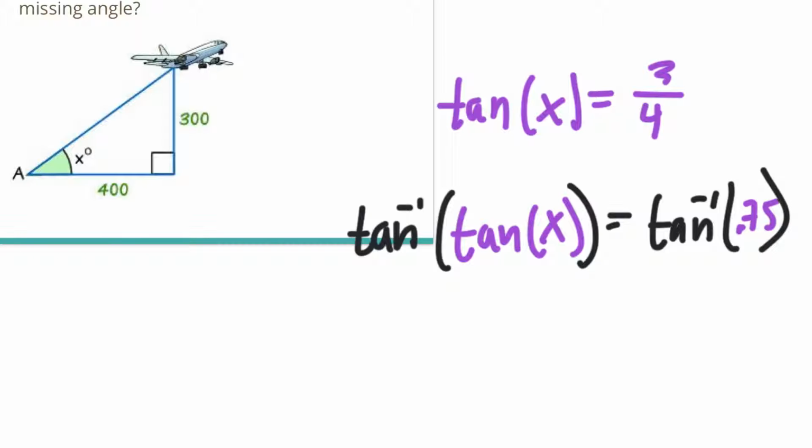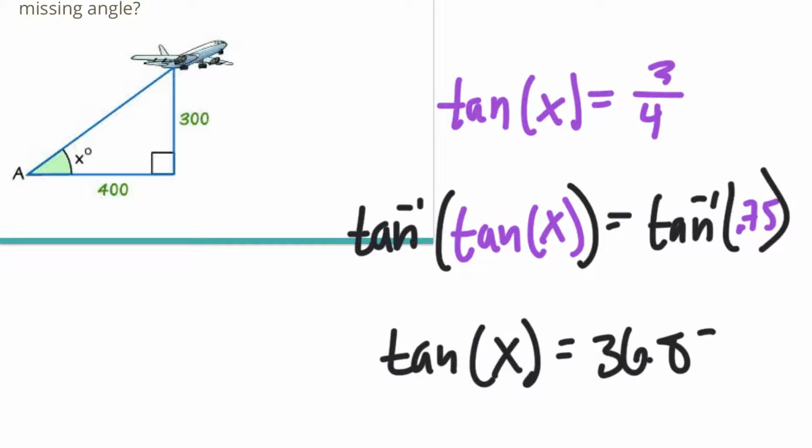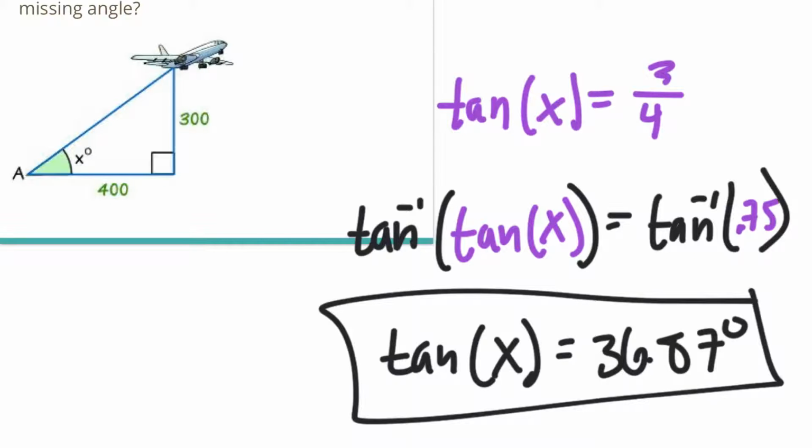If you plug this in your calculator, you will get that x is about 36.87. So that's how you do that.